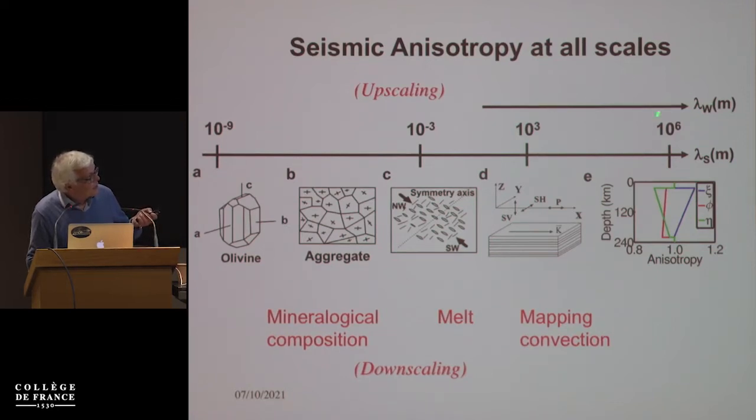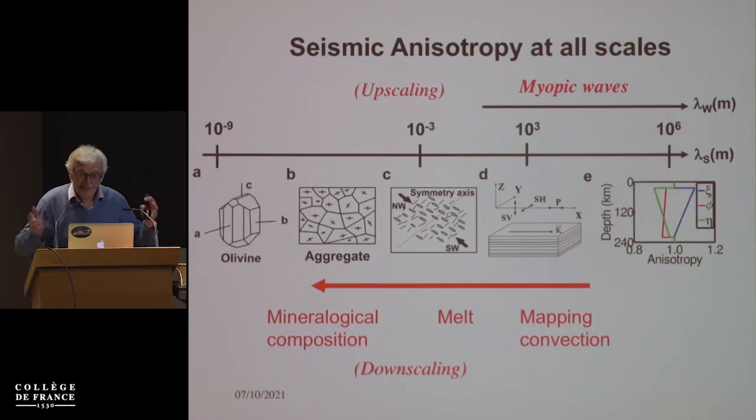That's the reason why what we observe is an apparent anisotropy, and so it makes it quite difficult to explain anisotropic observations in a simple way. As I said, seismic waves are myopic, so we don't see the real Earth very carefully, because we only see the long wavelength Earth.